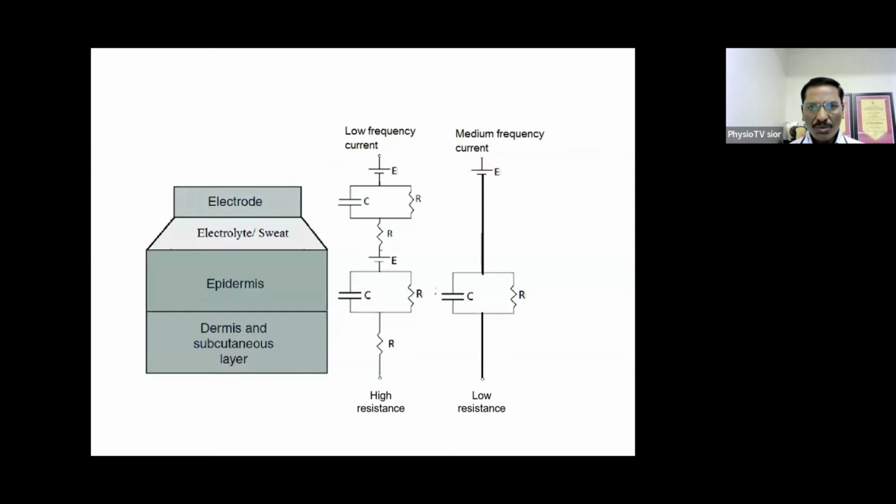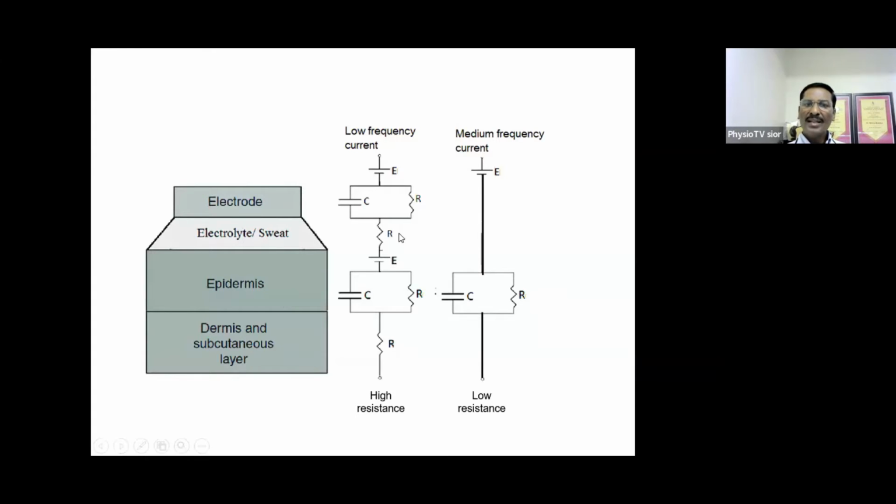So first, let us try to understand how low frequency and medium frequency differ when it comes to skin resistance. From this diagram, we can see the electrode, and then we have the gel, sweat, skin, basically epidermis, dermis, and the subcutaneous layers.